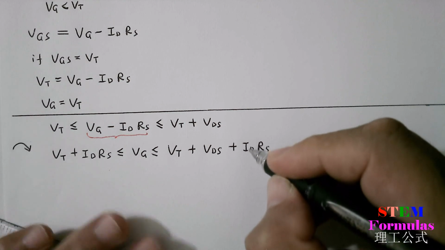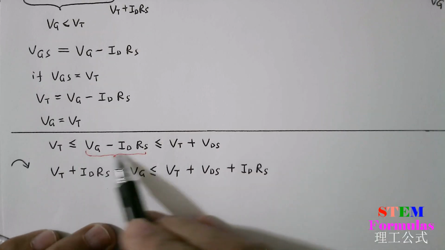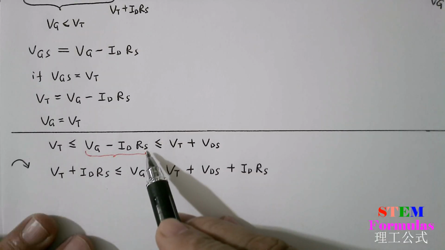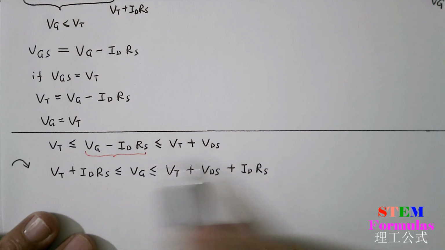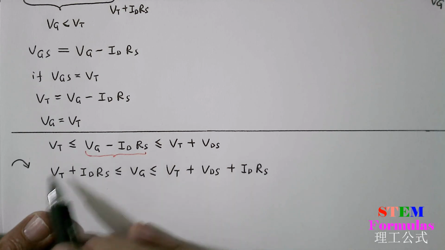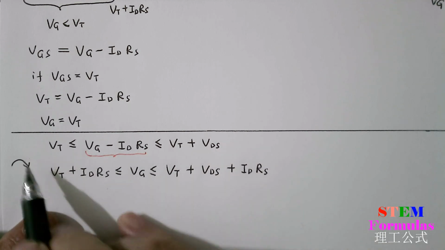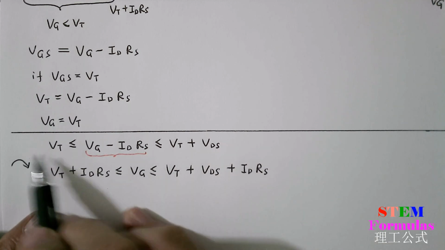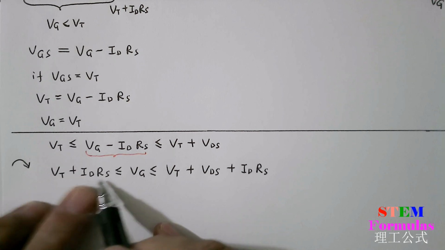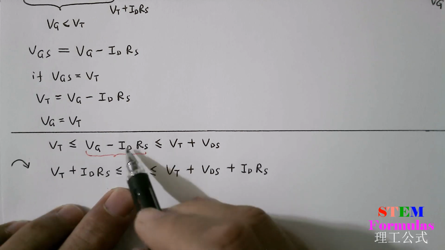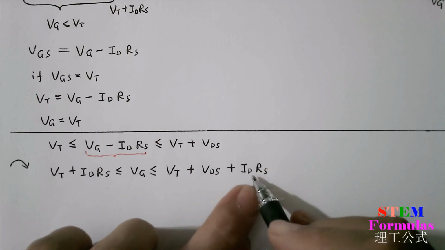What I have done is, from this equation, I add the term ID RS on each side. So on this term I get plus, this one disappeared, and this one gets plus ID RS.